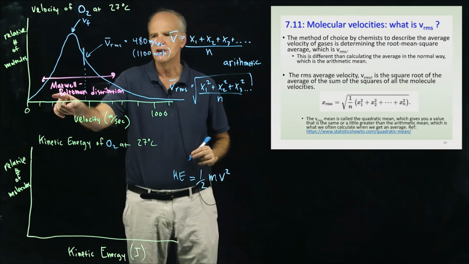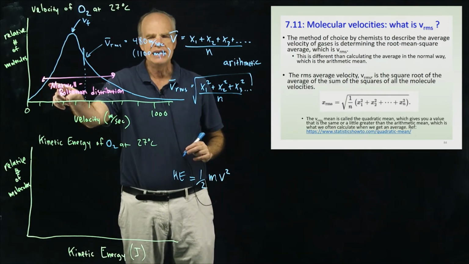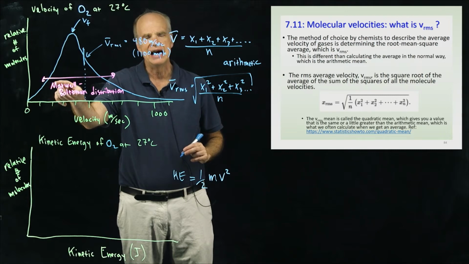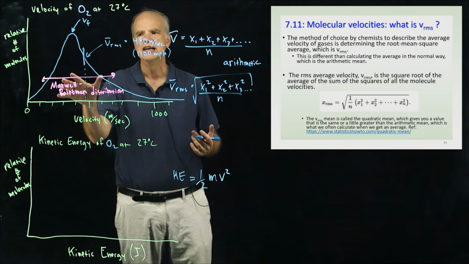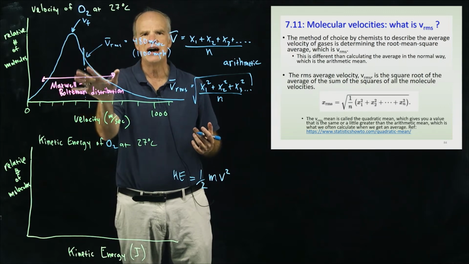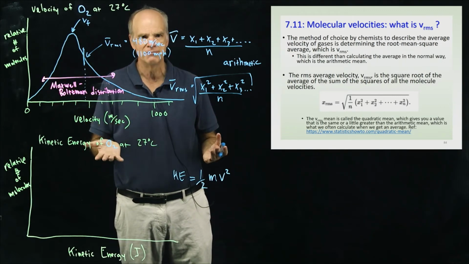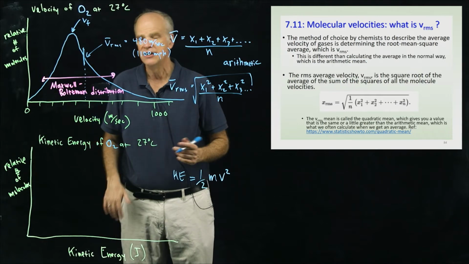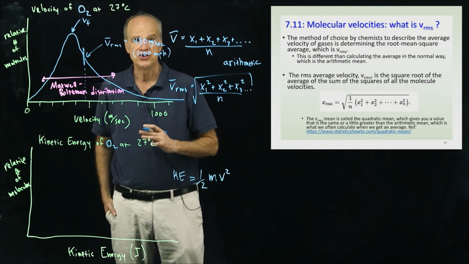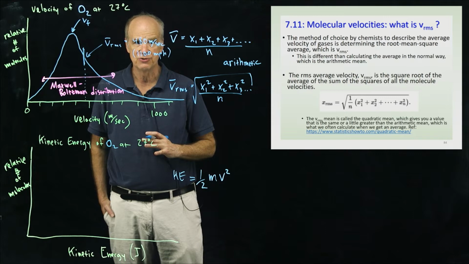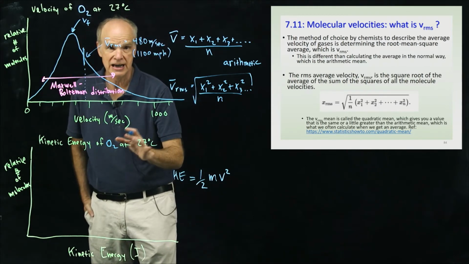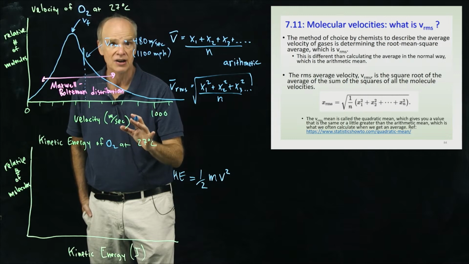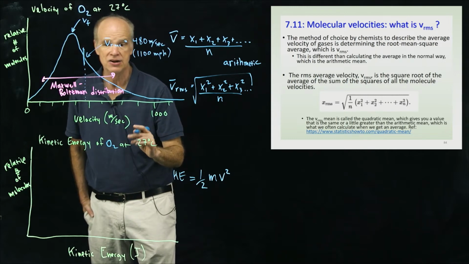So for any velocity that a molecule has, you can multiply by some kind of constant and get the kinetic energy. For all these velocities, there are proportionate amounts of kinetic energy. So you would expect the shape of the kinetic energy graph to be exactly the same as the velocity graph.